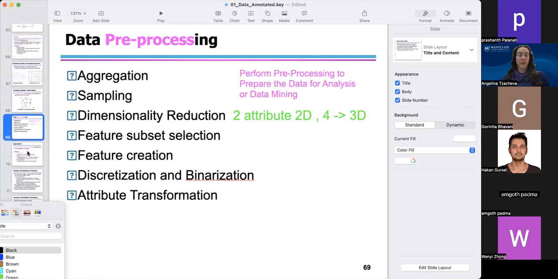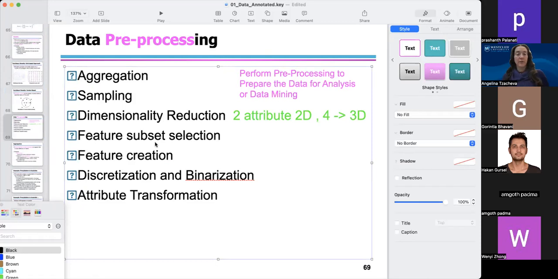Whatever we are trying to answer, we should remove certain attributes that are not needed in order to answer our question or to accomplish our goal. So we can look carefully at those attributes or dimensions and remove some of them that are not necessary for our analysis.